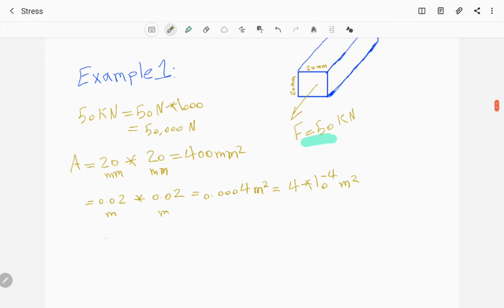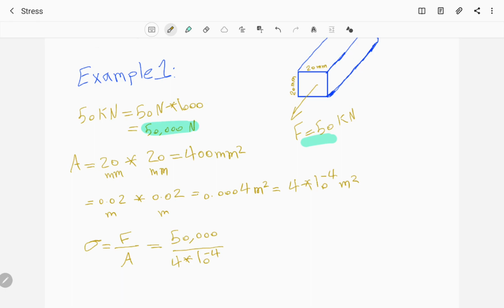Now let's use the formula to calculate the stress. So we have the stress sigma equals F over A, which equals F, which is this one right here, 50,000 Newton, divided by the area, which is 4 times 10 to the power minus 4.